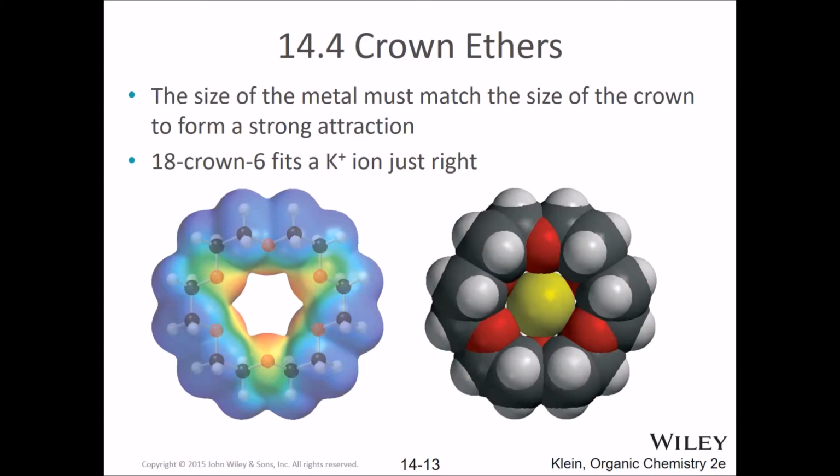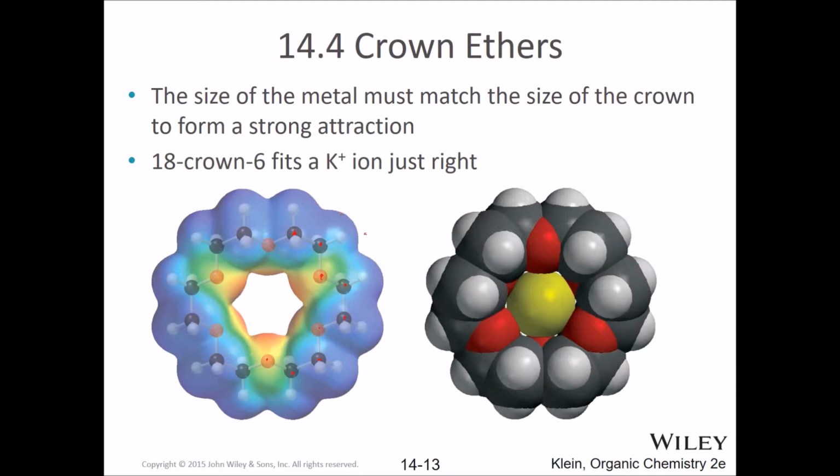Okay, now, the size of the metal, of course, has to match the size of the crown to form a good attraction. So can you see you've got carbon, carbon, oxygen, carbon? Carbon, oxygen, right? And the white balls are the hydrogens. Well, those are just the nuclei, right?